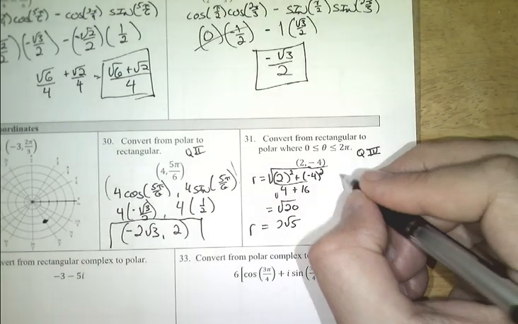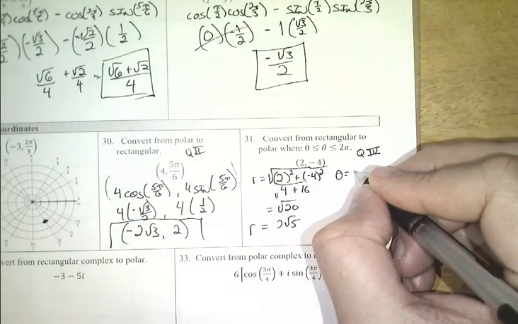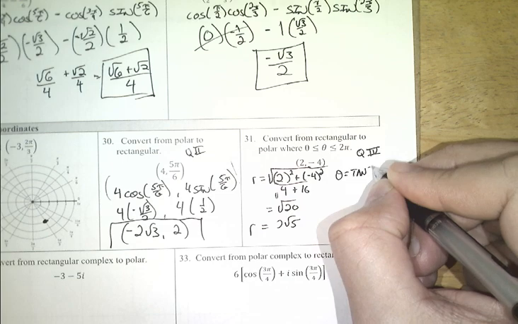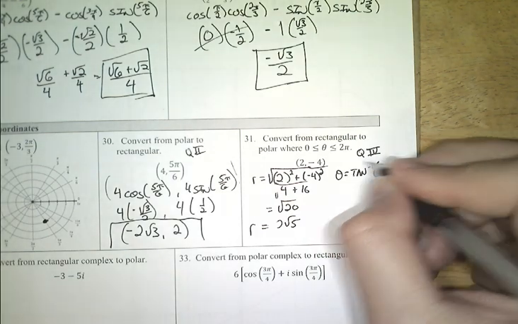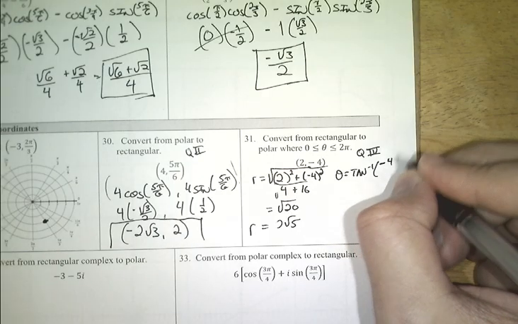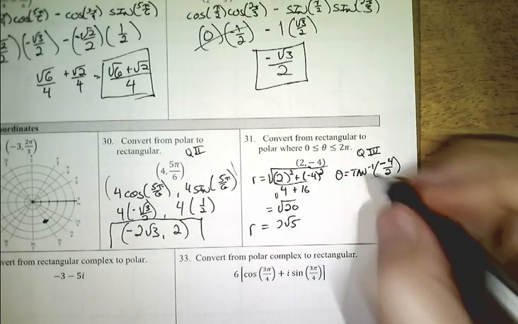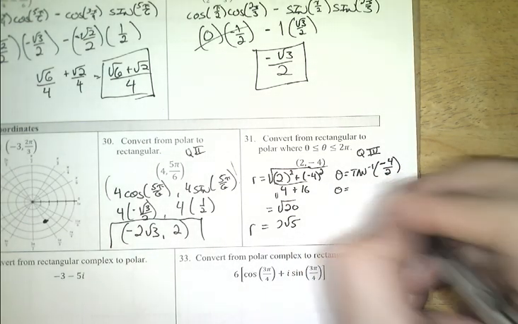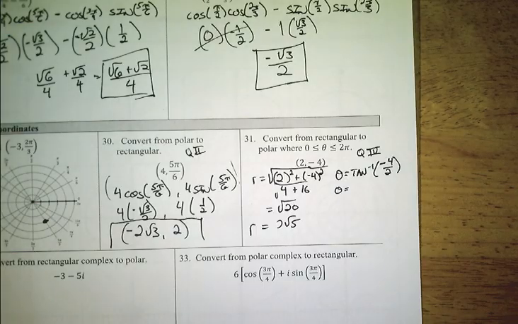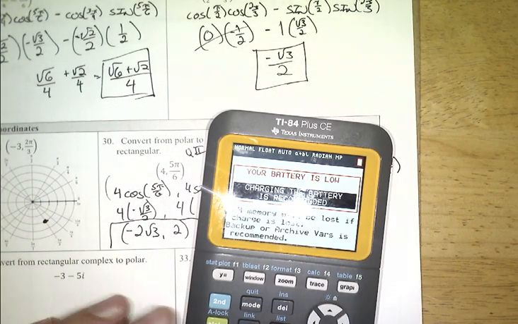And then our theta is equal to the inverse tangent of y over x. So negative 4 over 2. So inverse tangent of negative 2. Come back to my dying calculator.